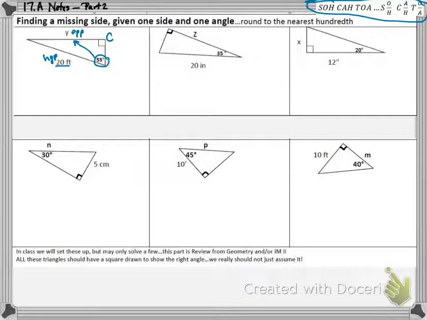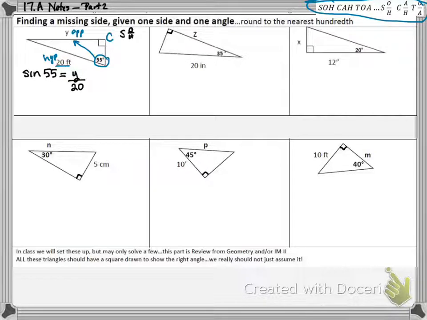The thing that uses opposite and hypotenuse is sine, opposite over hypotenuse. I prefer to write it this way. Sine is opposite over hypotenuse. So this is the sine of the only angle I know equals the side opposite from that, which is my y, over my hypotenuse, which is 20. That's the basic setup.